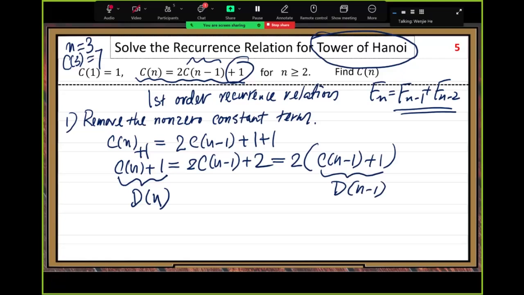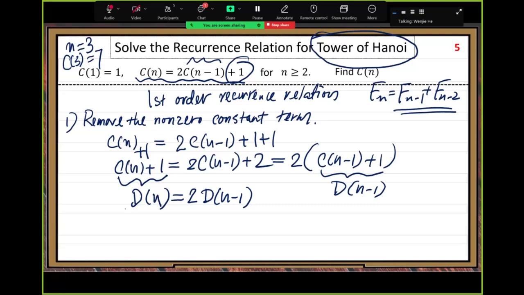If we use the d function, now you have 2 times d of n minus 1. Then the plus 1 term is gone, right? In the d form equation, the plus 1 term is gone. Disappeared.